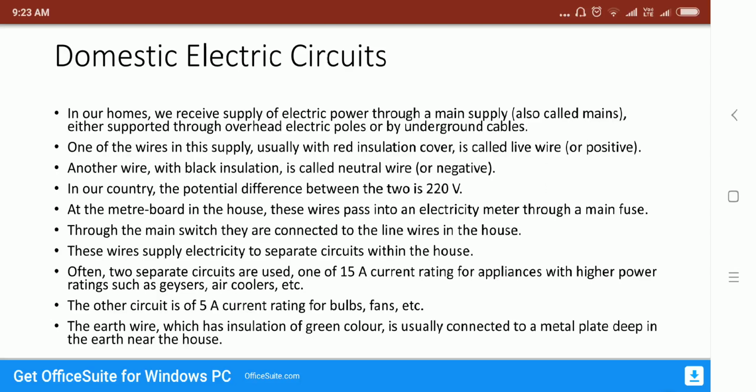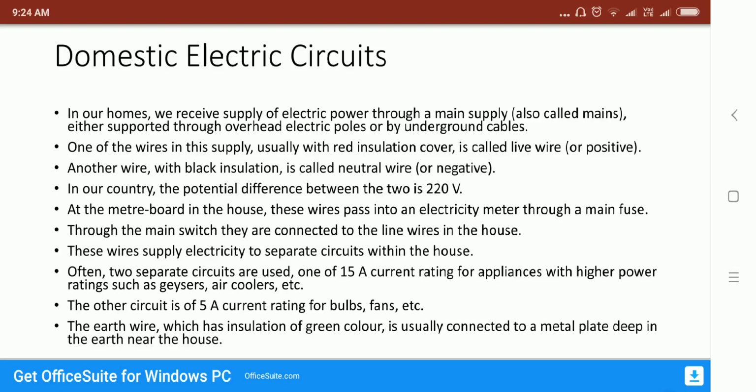If you observe, for heavy devices like AC, refrigerator, geyser, the switches over which 10 ampere or 15 ampere is defined indicate that this particular device requires higher power.